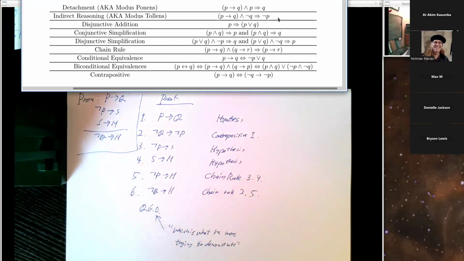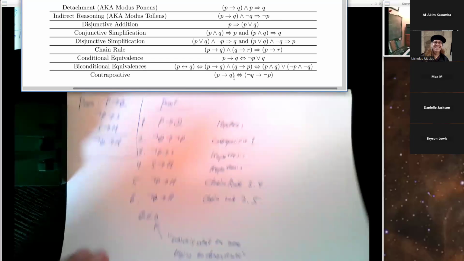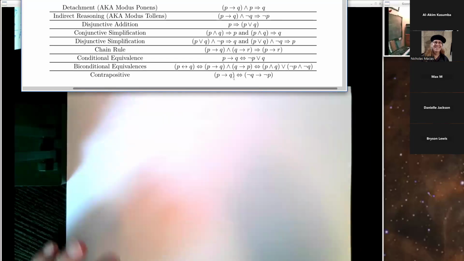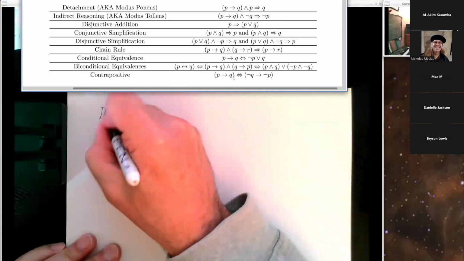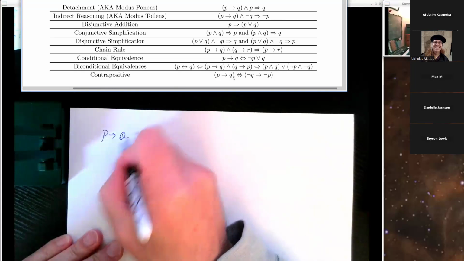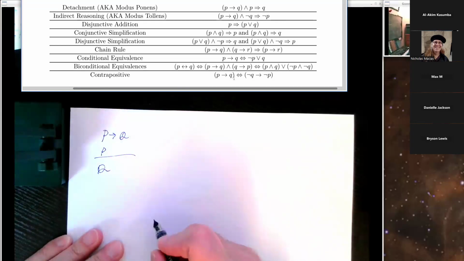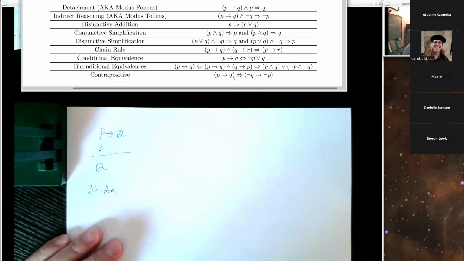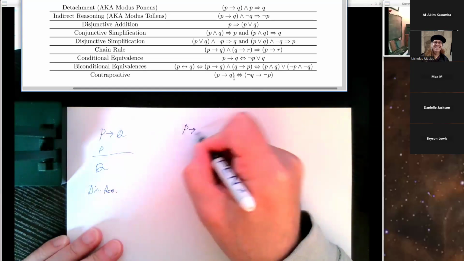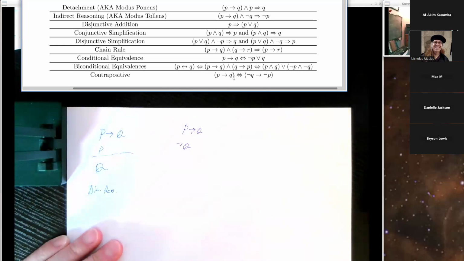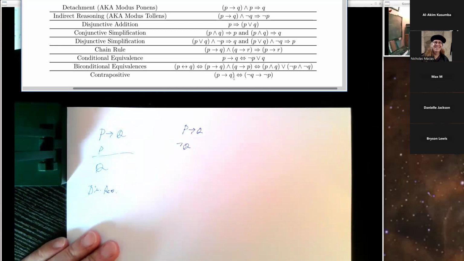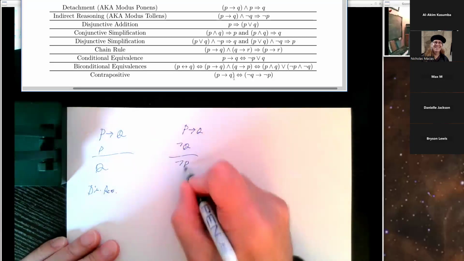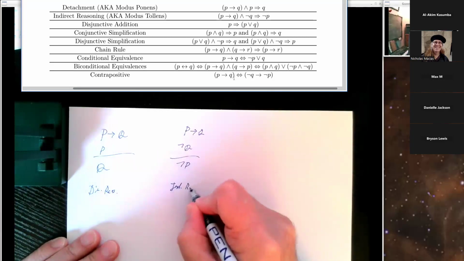The reason we can do either of those is because indirect reasoning is the same as the contrapositive. So direct reasoning, P implies Q, P, therefore Q. That's direct reasoning. Suppose P implies Q and we're told not Q. So we can conclude not P. That's indirect reasoning.